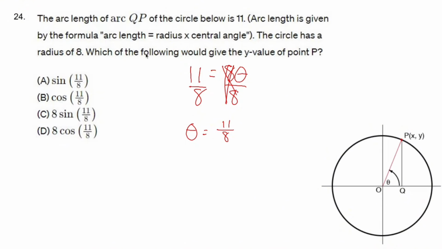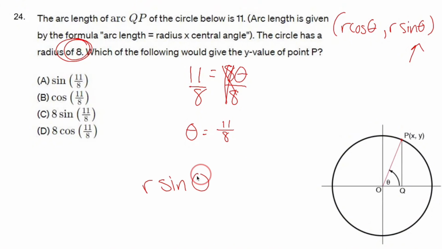Now, what we have to do is give the y value of point P. Since we have a radius of 8, we are not just doing regular cos theta, regular sine theta. This is not the unit circle. This has a radius of 8, so we have to throw the r there. Now, the y value is going to be sine, so we need to find r sine theta.